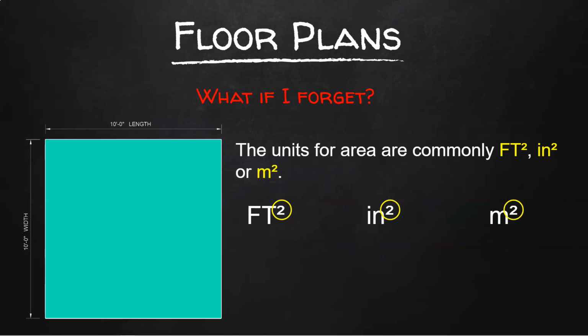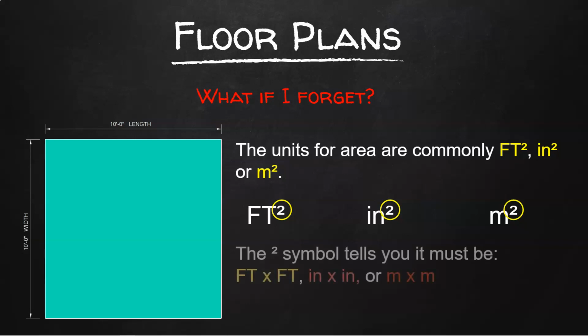So you know it has to be one distance or length times another distance or length. The square tells you it must be foot times foot, inch times inch, or meters times meters. That's a big clue to let you know that you are trying to find two distances multiplied together just by looking at the units.